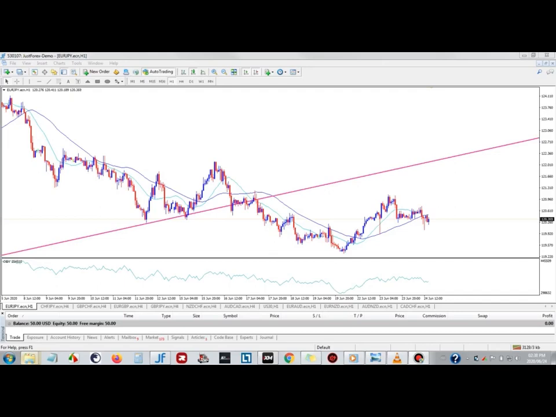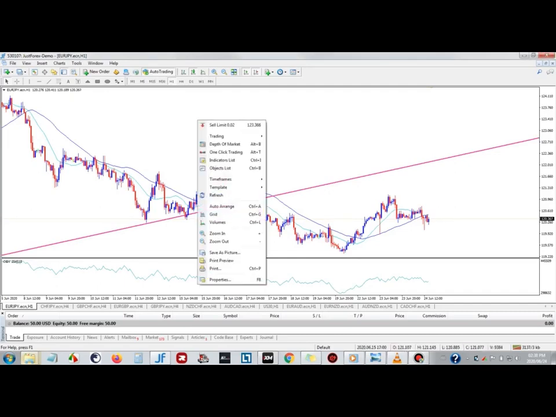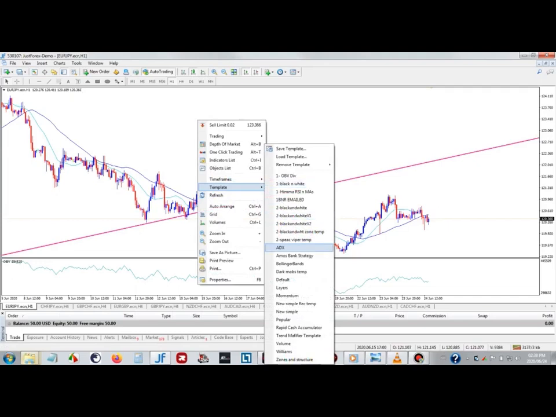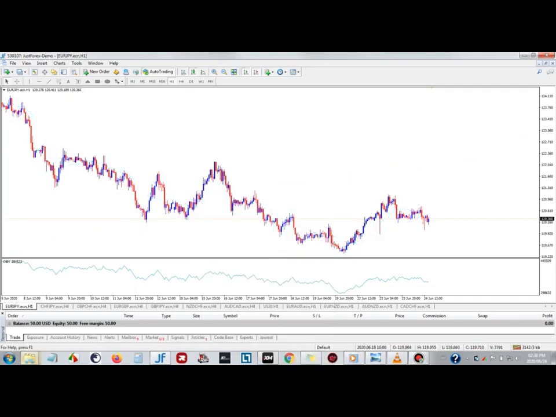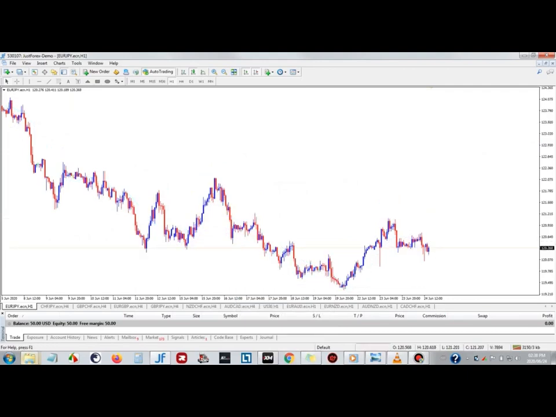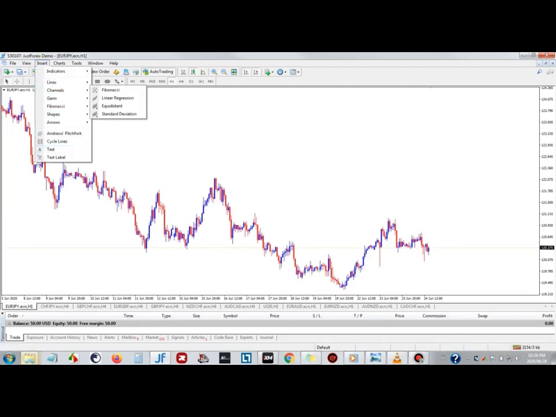First of all, if you don't know how to add moving averages, let us start with a blank chart here. Let's remove this one. It was for another strategy. You come here, insert, indicators, moving average.